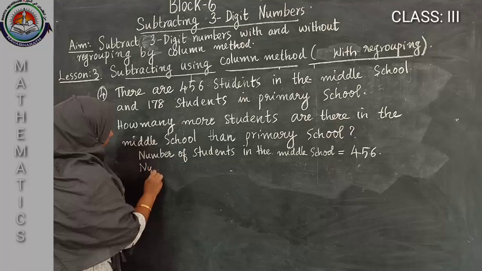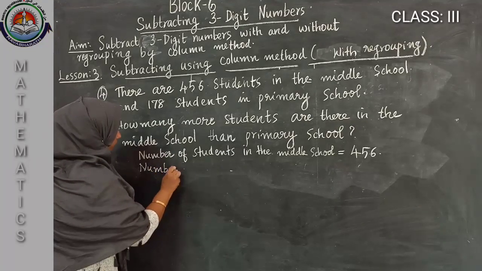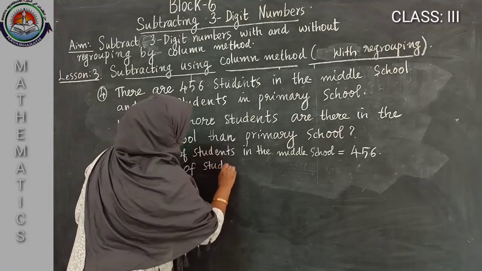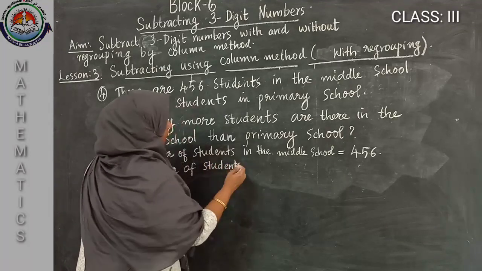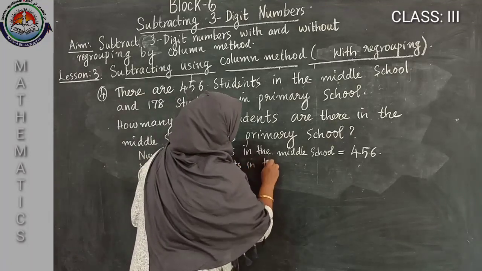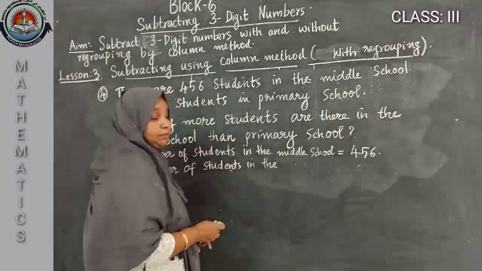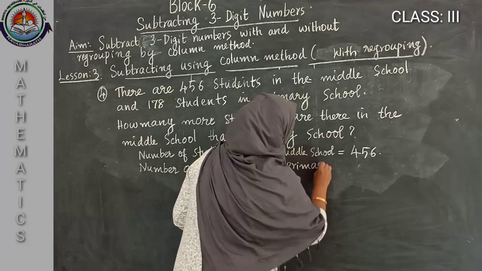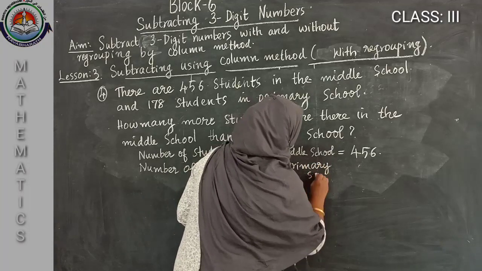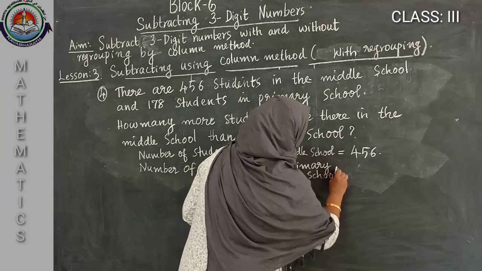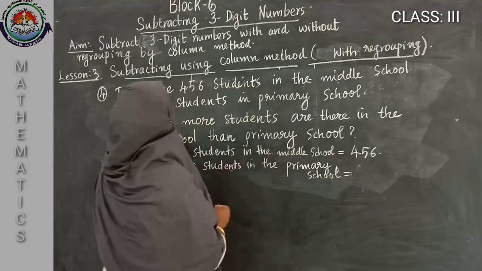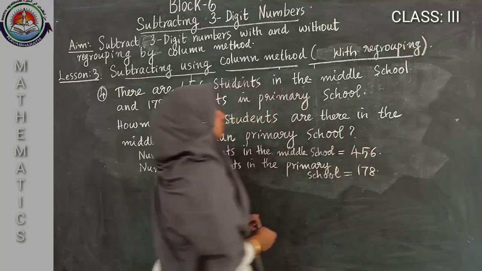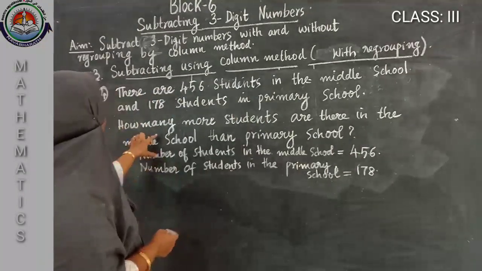Number of students in the primary school, that's equal to 178. Okay, what is the question?